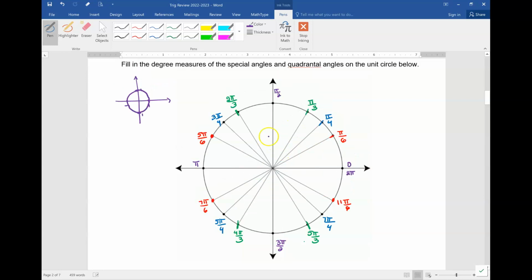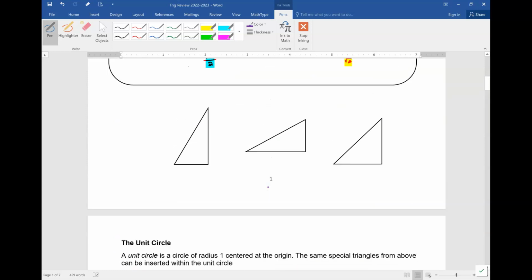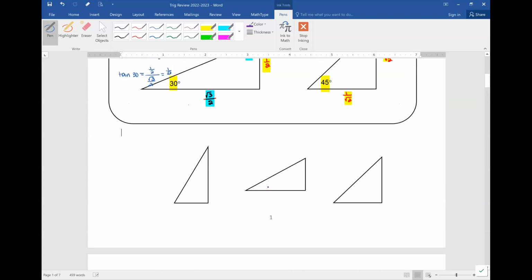Okay, what are you talking about, Miss Malikian? Well, let me tell you. I have 3 triangles here. These are not random triangles. This middle one here has a 30-degree angle. Okay, 30 degrees, 60 degrees up here, and so on, right?